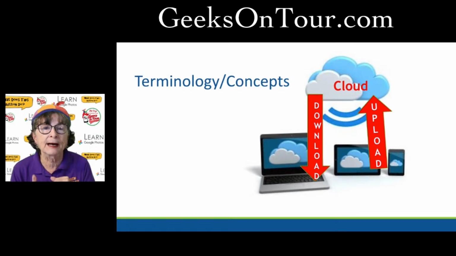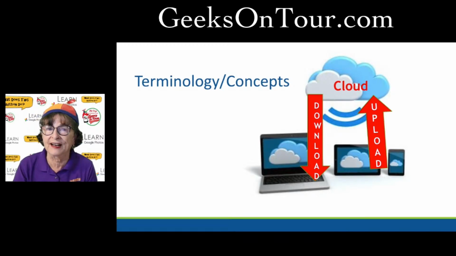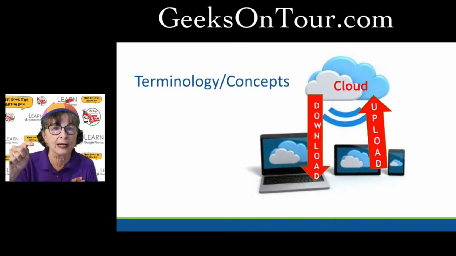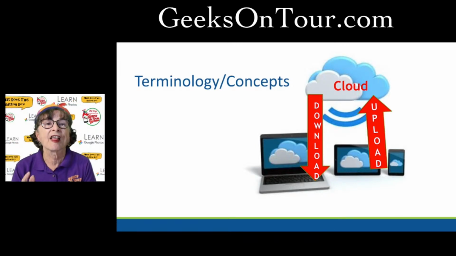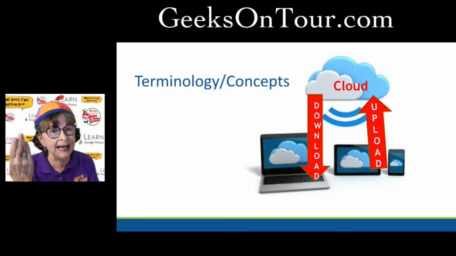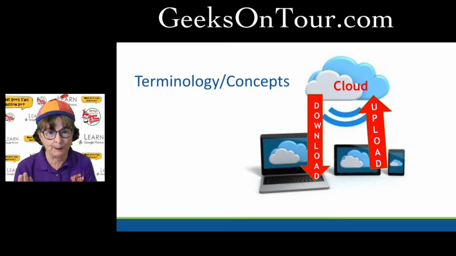If I'm talking about a particular cloud, I will say Apple iCloud or Google Photos cloud. But just cloud means it's somewhere out there, not on your device. And if something is in the cloud and you want it on your device, that is downloading. If something is on your device and you want it in the cloud, that is uploading.